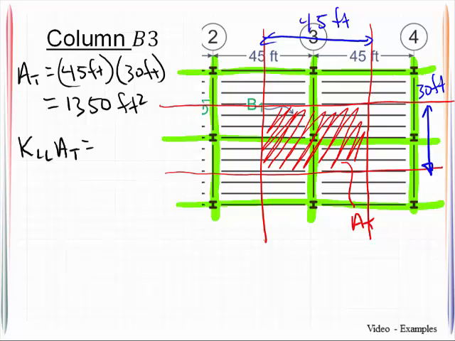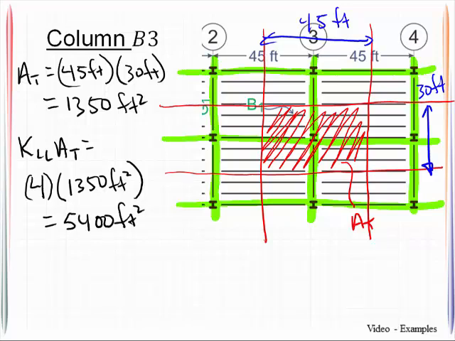KLL AT is equal to, and for a column, we already noted that the KLL factor is 4, so 4 times 1350, which is 5,400 feet squared. Of course, that is much greater than the 400 feet squared required, so this is reducible.